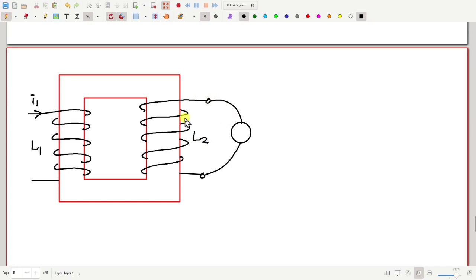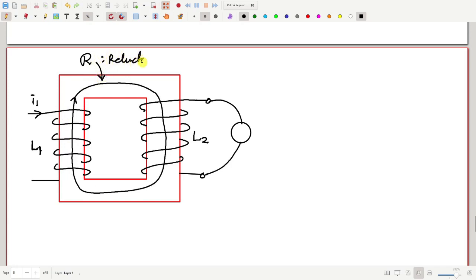Okay, Achha. But how much will be the value of L1 if R is the reluctance of this core along this path? Okay, so R is the reluctance of this path. Then how much is L1?